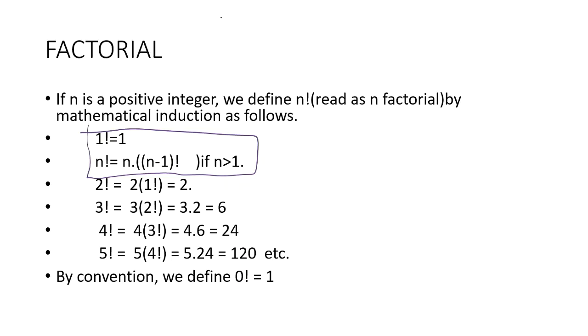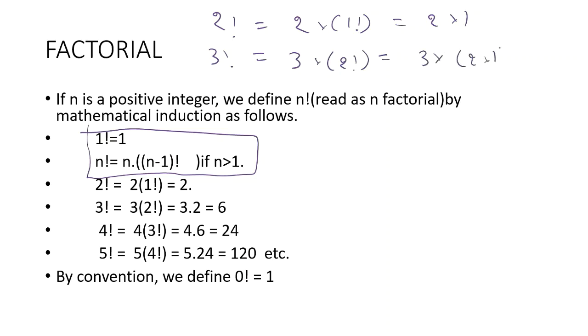How can we define 2 factorial? 2 factorial is equal to 2 times 1 factorial, which is equal to 2 times 1. And how do we define 3 factorial? 3 factorial is equal to 3 times 2 factorial, which is equal to 3 into 2 into 1.